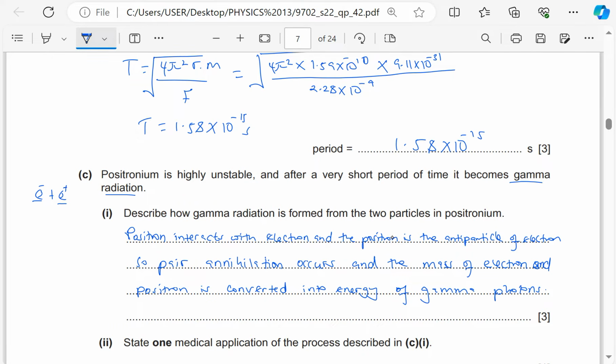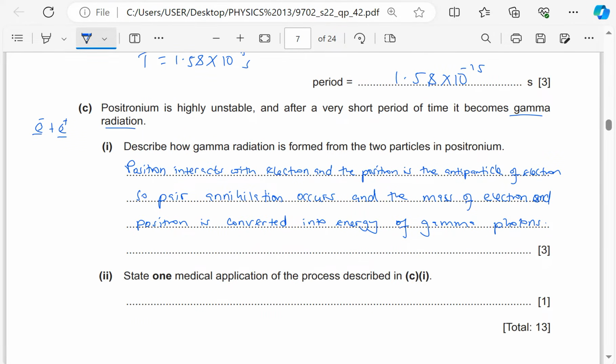Okay, so that is how gamma photons are formed. The positron is interacting with the electron, but remember the positron is the antiparticle for the electron. So pair annihilation occurs, and the mass of the electron and positron is converted into energy.